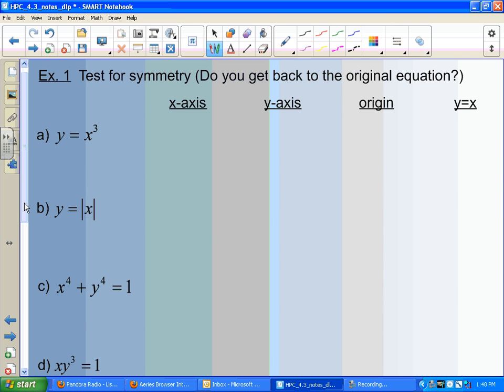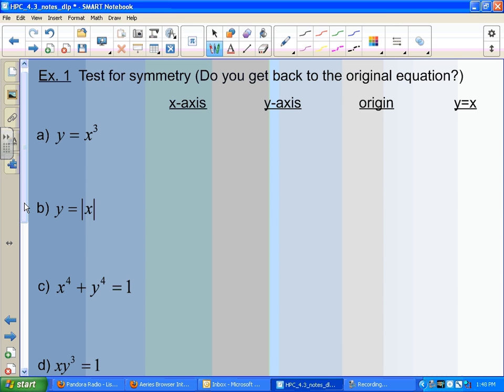I can plot points, right? I can create a t-table, pick some x's and find some y's. Hopefully there are some functions that you recognize the parent function for, and then you'll be able to come up with the graph a little quicker. But you can always go back to the default. Like C and D here in this example, we don't have parent functions for those. We've never looked at those before. So we're going to put a t-table together for that.